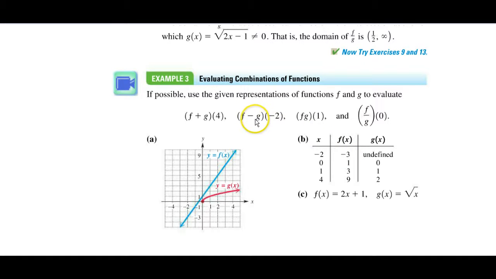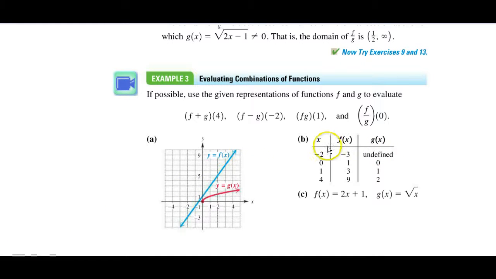Now we go to our g function, at -2. Well, notice -2 is not a valid example of what we would have because the numbers stop at 0. So here they're saying that part is undefined.